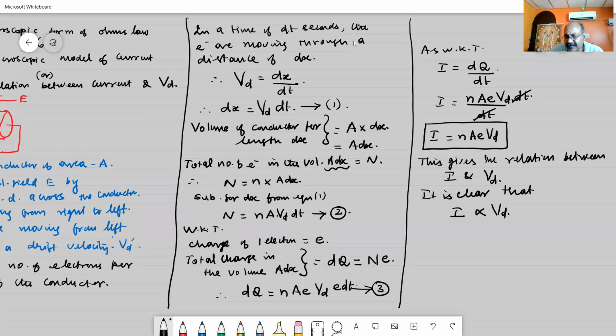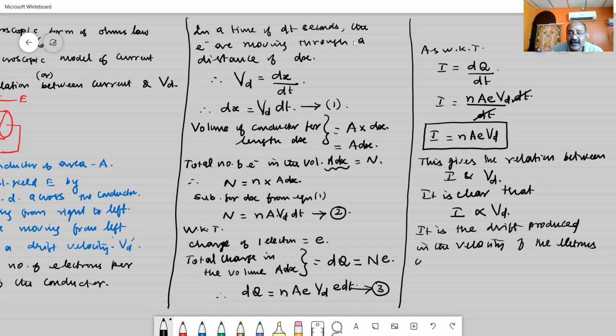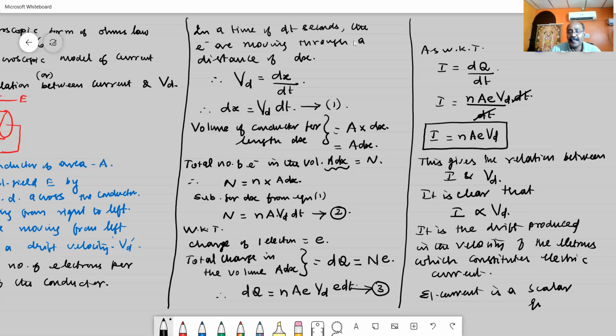It is the drift produced in the velocity of the electrons which constitutes electrical current. The second thing is, this electrical current is a scalar quantity.